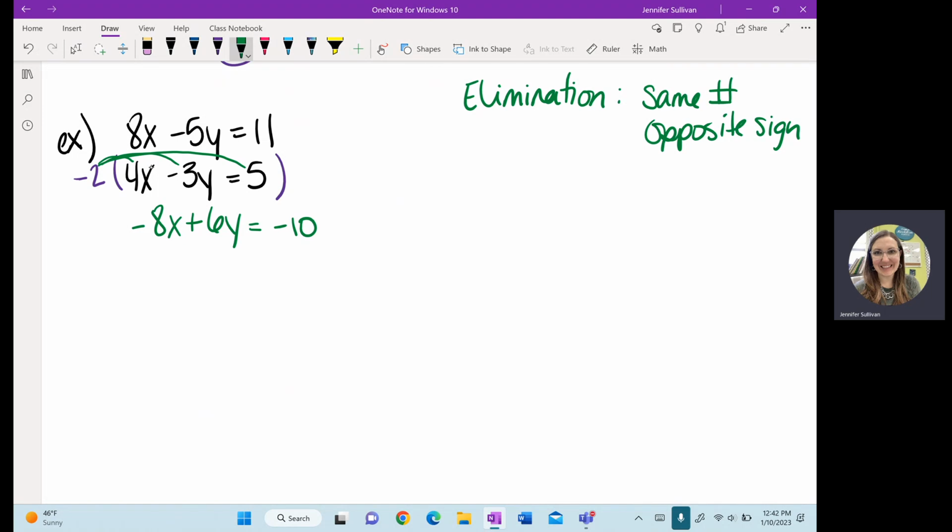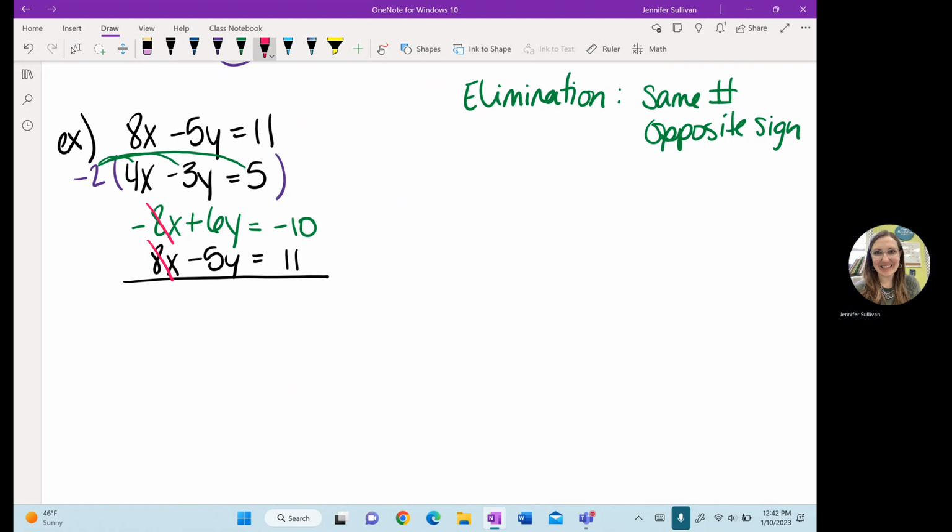So what we've done is we've changed up the second equation so that when I use this green equation and the original one from the top that we didn't multiply by, so 8x minus 5y equals 11, now my negative 8x and my positive 8x will cancel because they're giving me 0 x's.